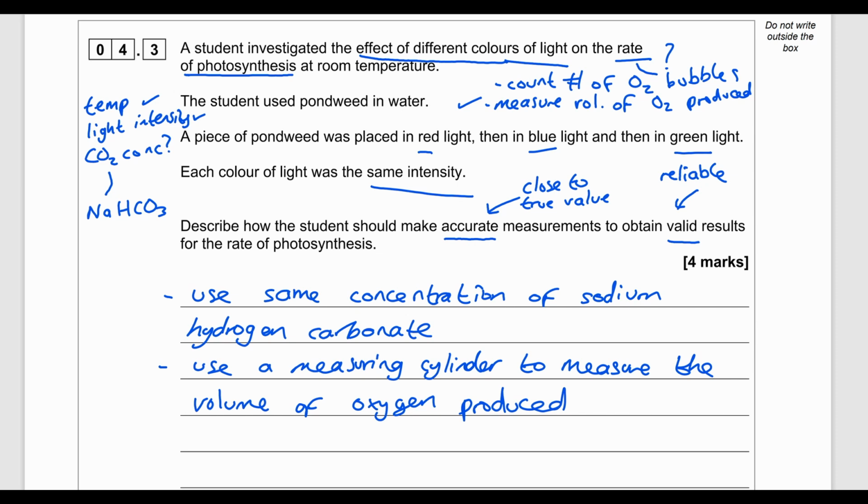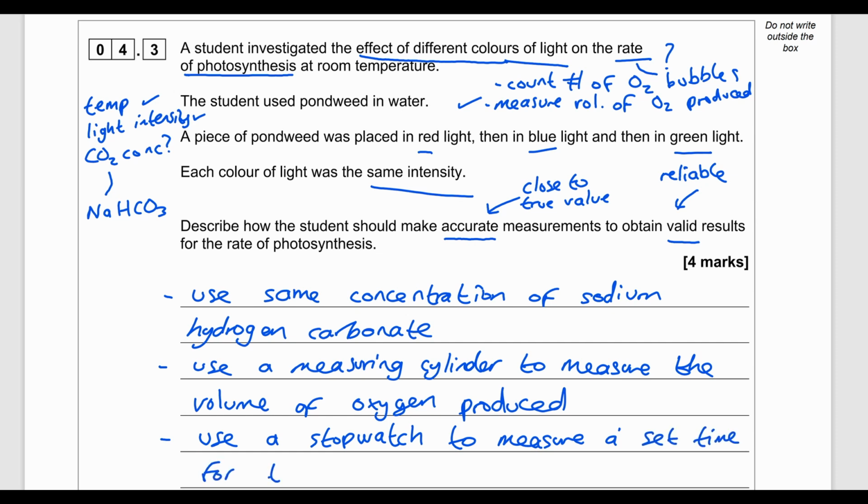Again, the piece of equipment that we're going to use to measure the time will be a stopwatch. So we'll use a stopwatch, and then we would measure this volume of oxygen produced in a certain time, for example, in 2 minutes or 3 minutes.